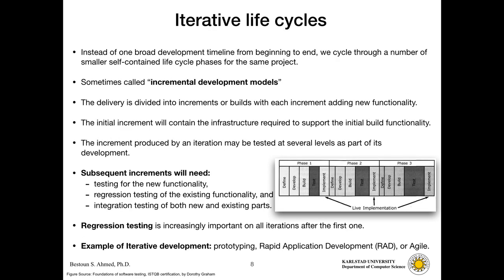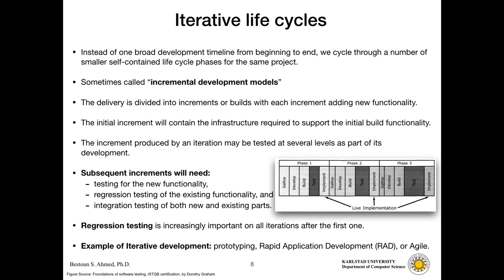Now we have another modern software development process, which is the iterative life cycle. The iterative life cycle defines a new way of development, and nowadays in software engineering in big companies you have this kind of iterative life cycle model.